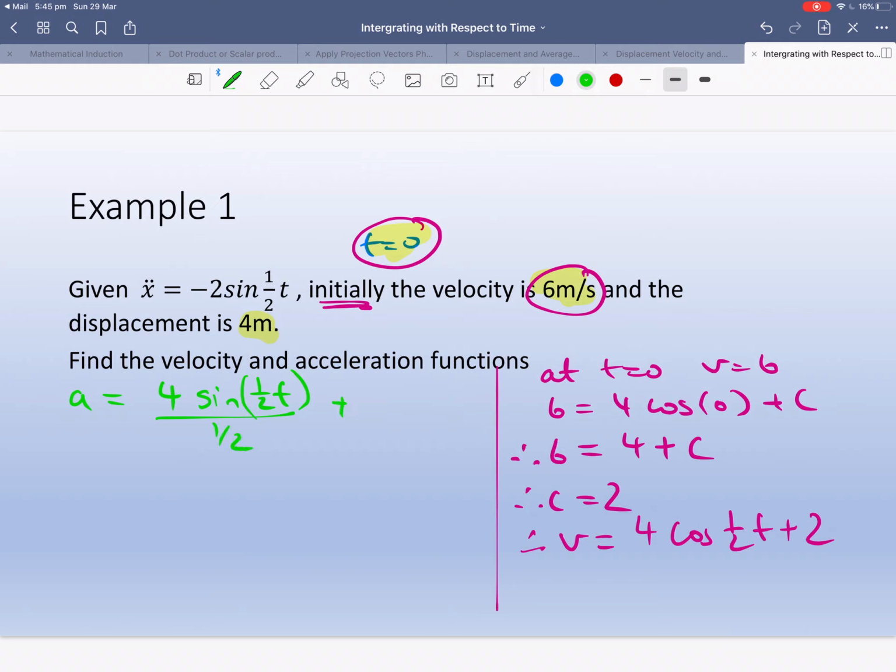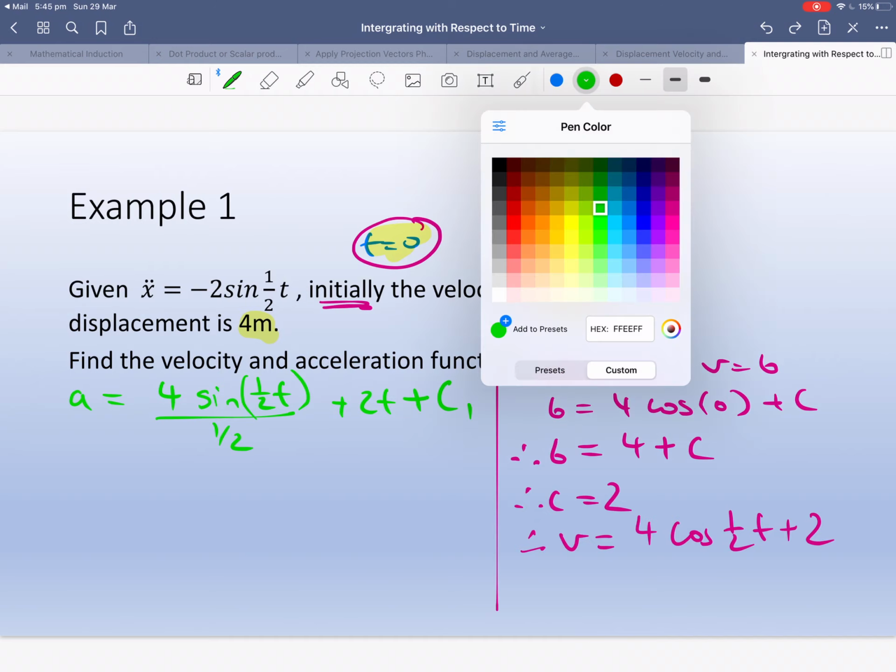And then we go plus 2t, because we integrate the 2. It's like when we get a constant, we go 2x, but we're doing it with respect to t. And then we've got a plus c. I'm going to put plus c1, just to differentiate it from c.